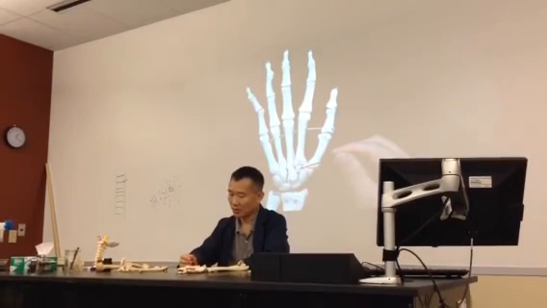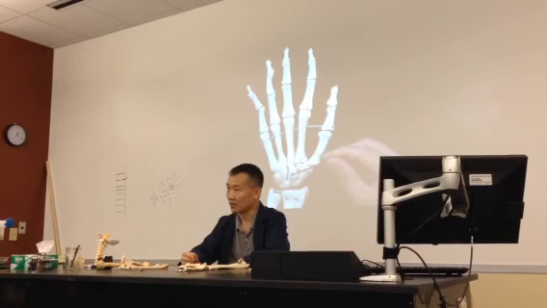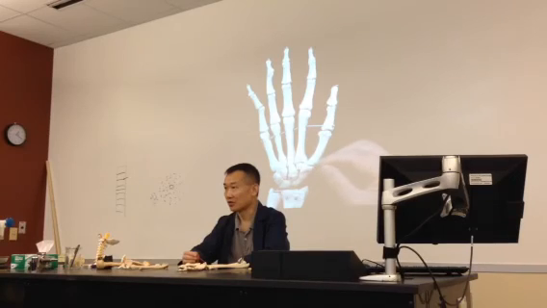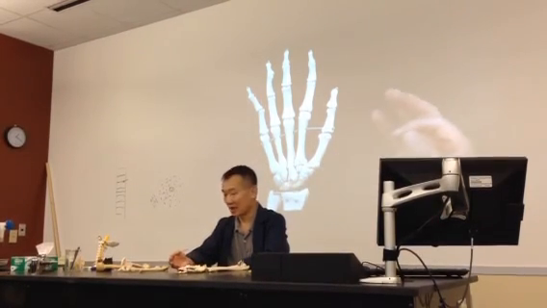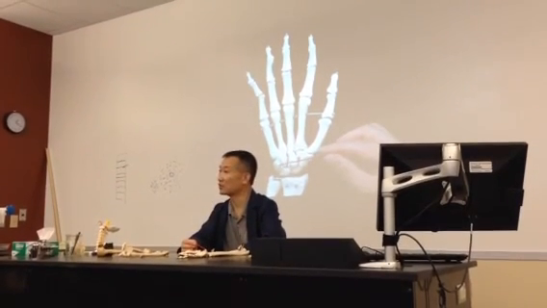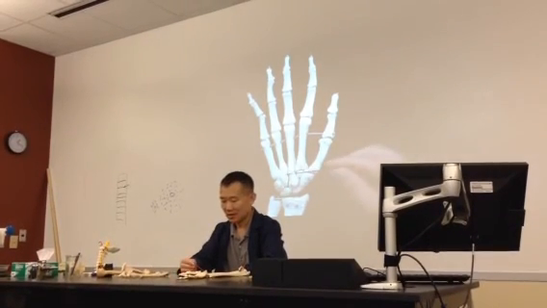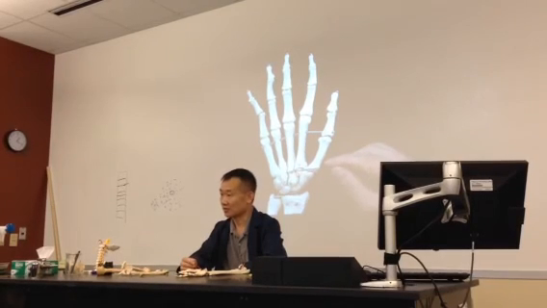Trapezium, trapezoid, capitate is the largest bone in this row. Hamate has a hook. You will never miss it. That's the only one that has a hook among these bones. So I think three bones are very easy to decide. Pisiform is very easy, it's P-shaped, like a P. Hamate has a hook. Capitate is the largest.